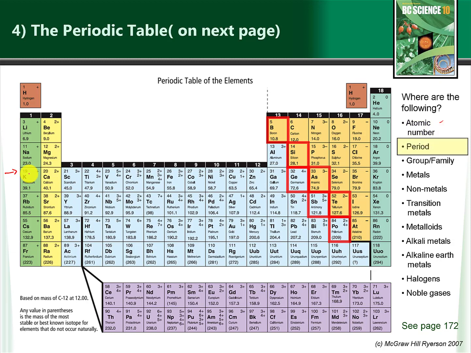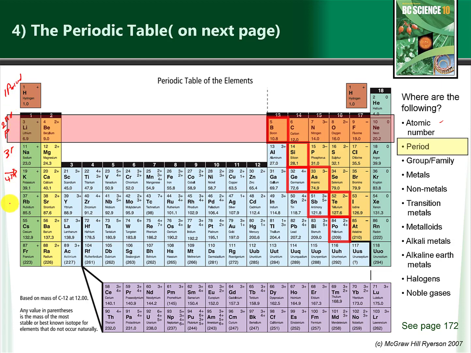A period is a row. So we have a row going across, and this is the second period, the second row. We have the first period up here, the second period, this is the third one, this is the fourth one, this is the fifth one, this is the sixth one, and this is the seventh period.